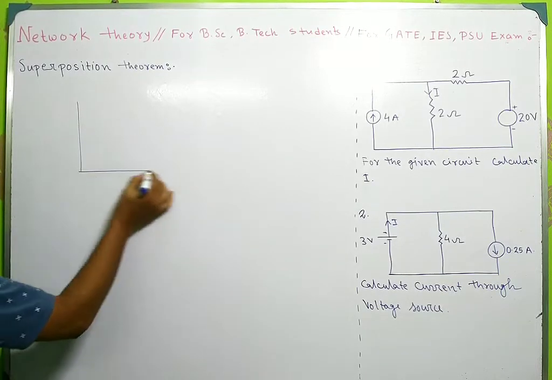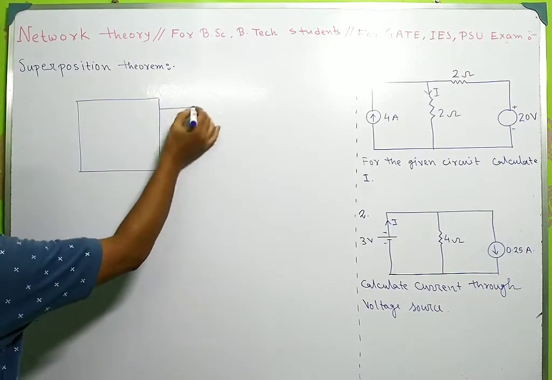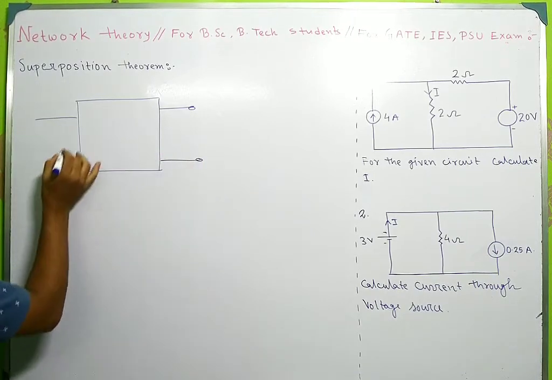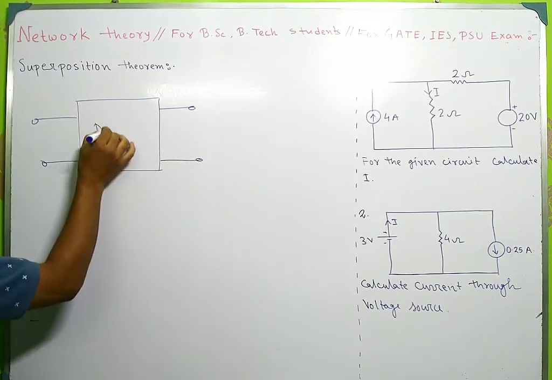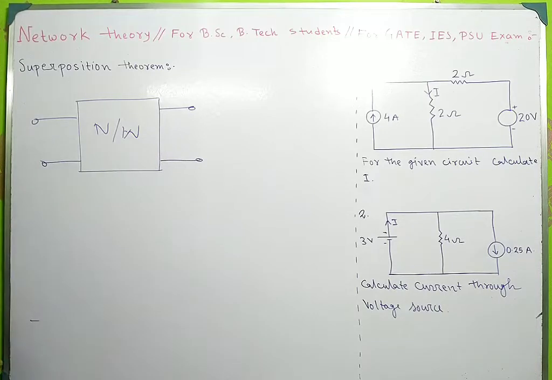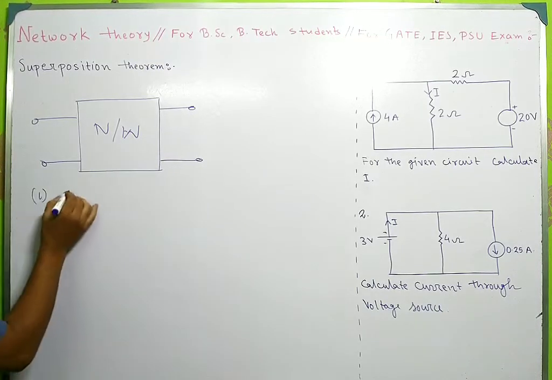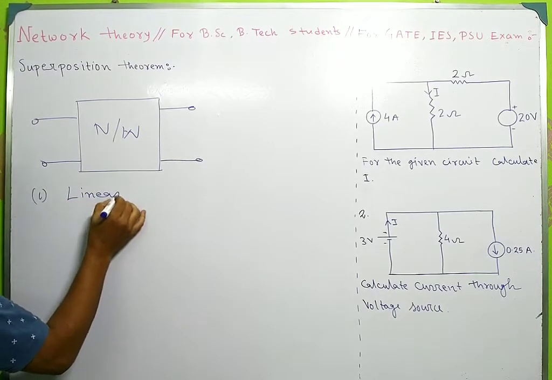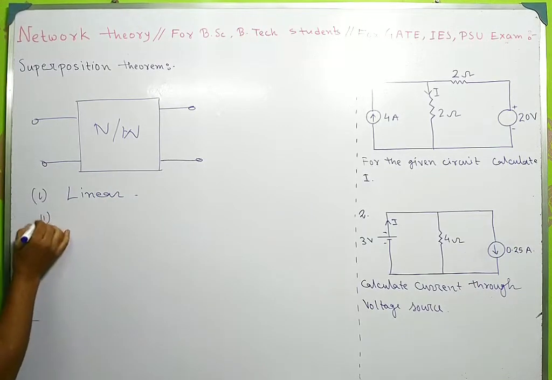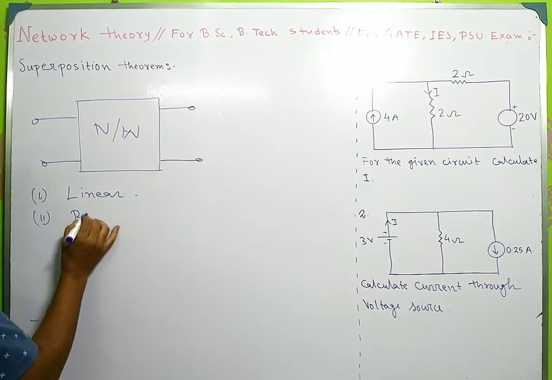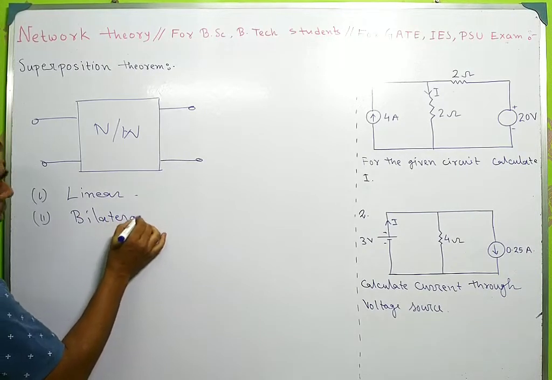Suppose this is a network. This network must be a linear network. It should be a bilateral network.